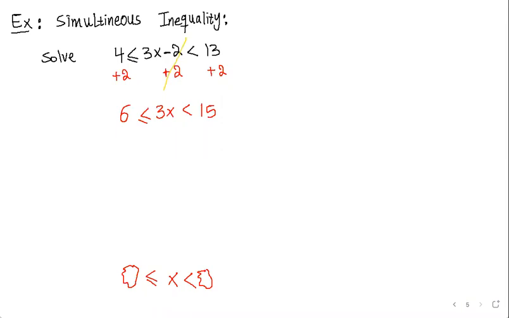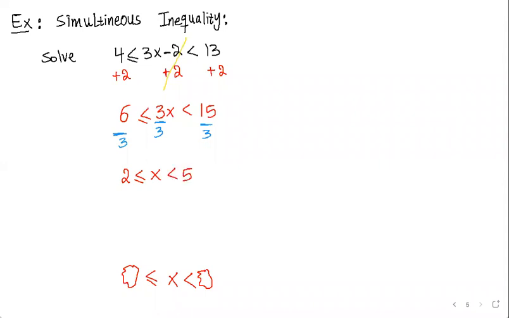Now we have to multiply by the reciprocal of the coefficient of this term, or divide all sides by 3. So dividing all sides by 3, what are we going to have? 2 is less than or equal to x, which is less than 5.